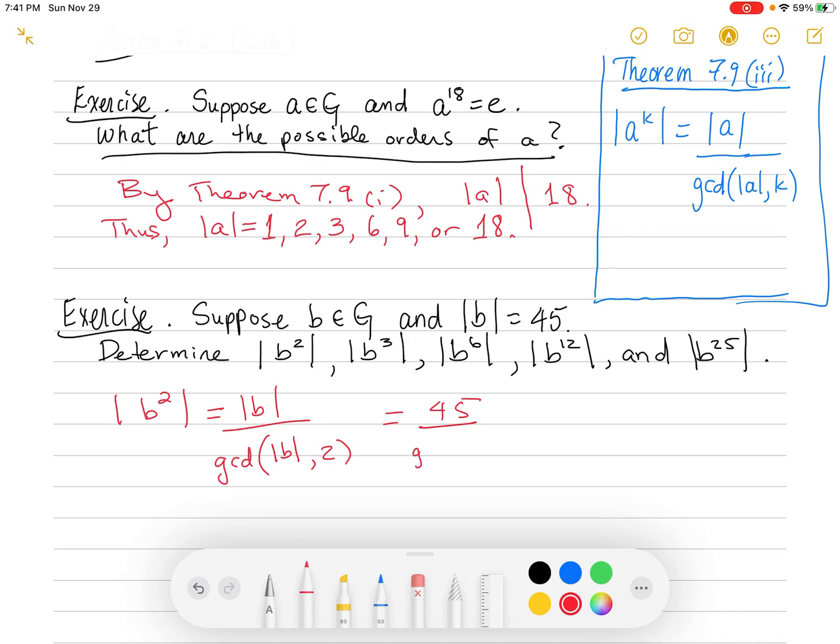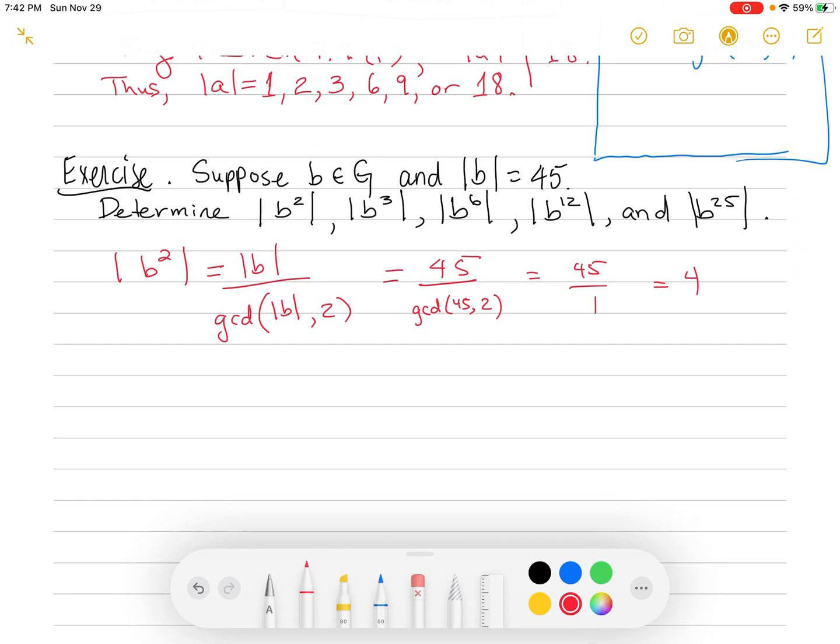So what is the greatest common divisor of 45 and 2? 1, right? So we're going to take 45 over 1, which is 45. So the order of b squared is 45.